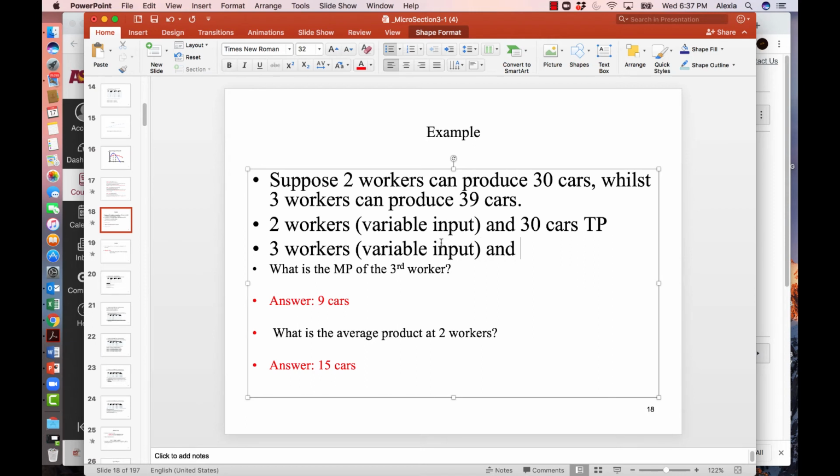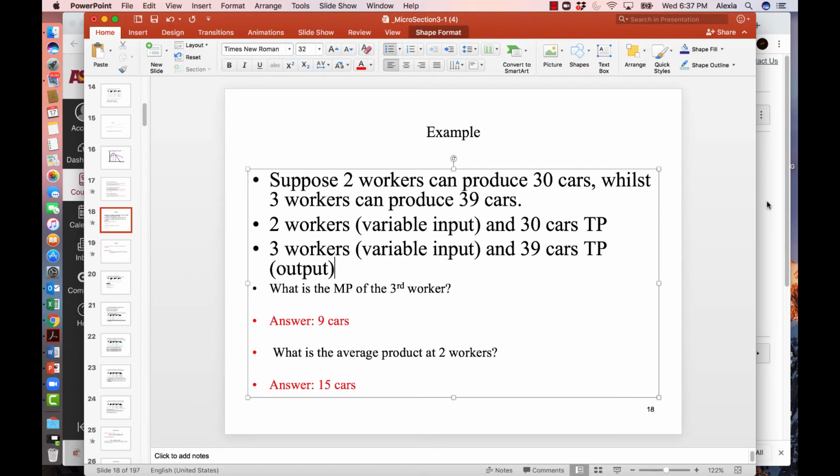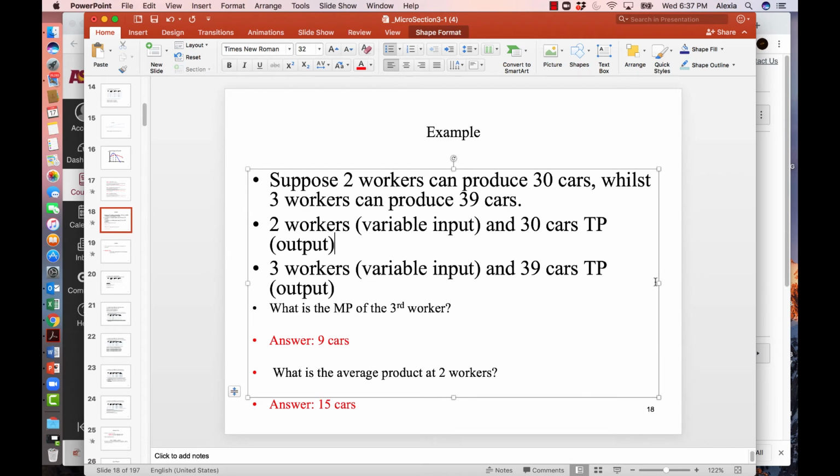Then you're told that 3 workers, your variable input again, can produce 39 cars, which is your total product or your output. Then you're asked, what's the marginal product of the 3rd worker, and what's the average product of the 2 workers?